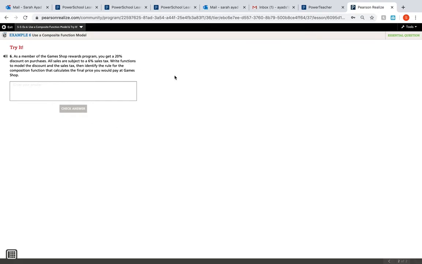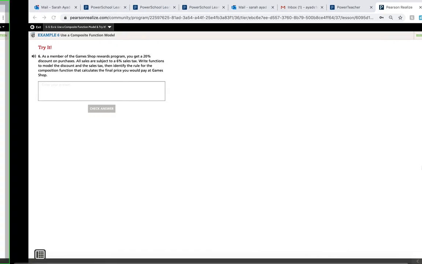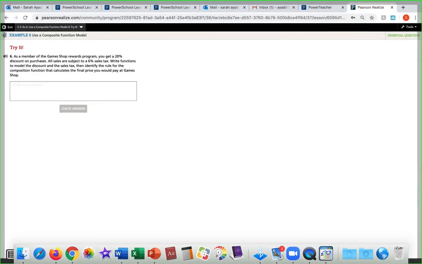Alright, so notice here, it says that you get a 20% discount on purchases. All sales are subject to a 6% sales tax. Write a function that models this discount and the sales tax and identify the rule. So guys, I don't know if you know this, but almost anything you buy that's not food and clothes in New Jersey, there's sales tax.